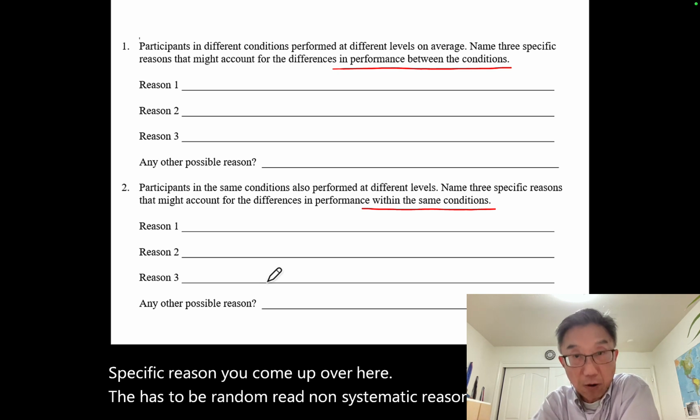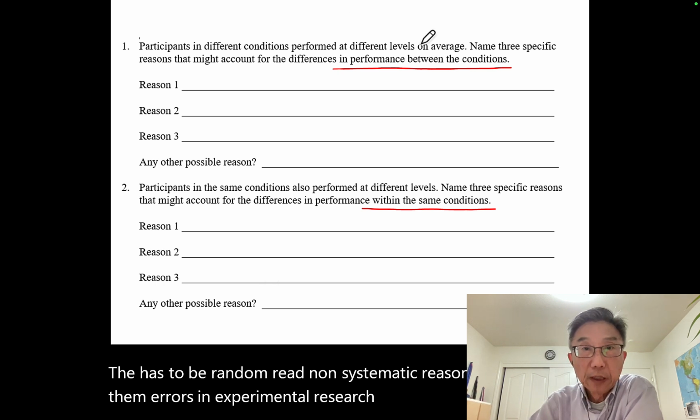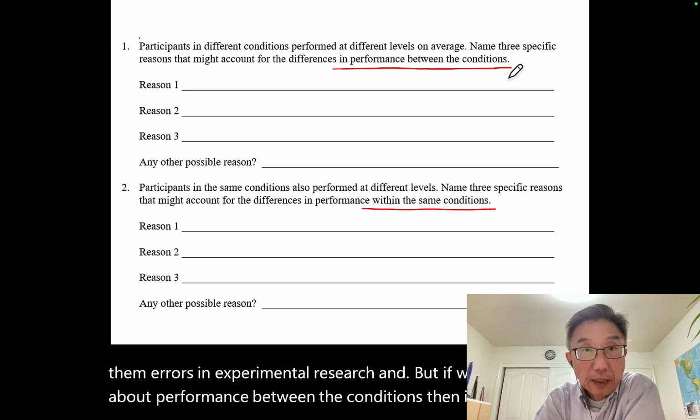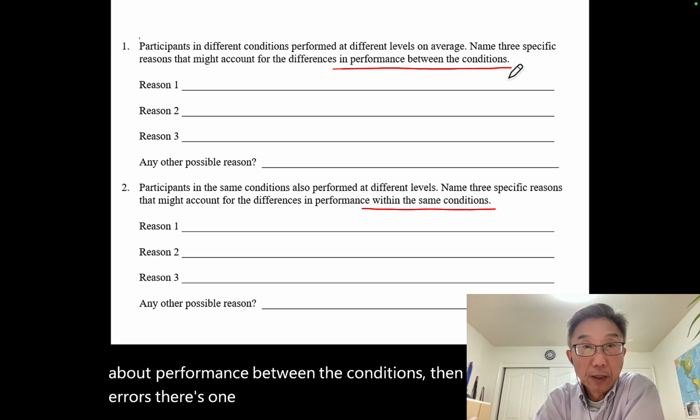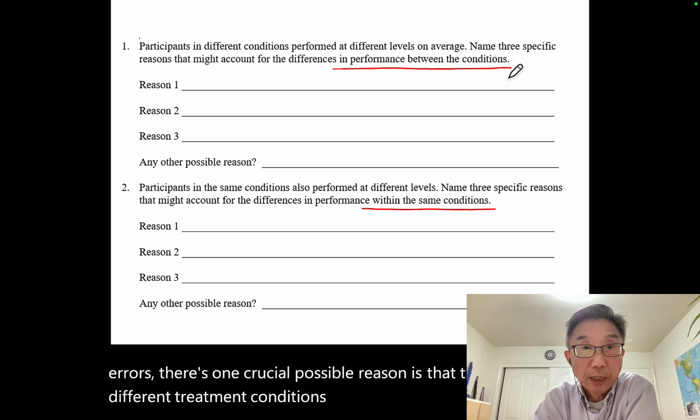We call them errors in experimental research. But if we're talking about performance between the conditions, then in addition to errors, there's one crucial possible reason, which is that they were in different treatment conditions. So essentially, the treatment effect, that's a systematic effect.